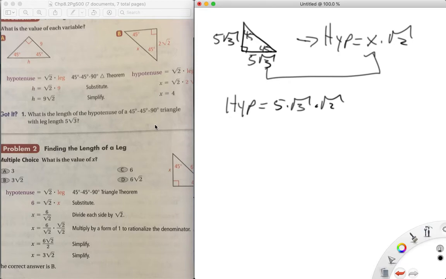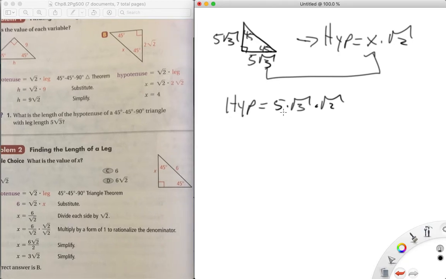Alright, that gives me 5 times the square root of 6.